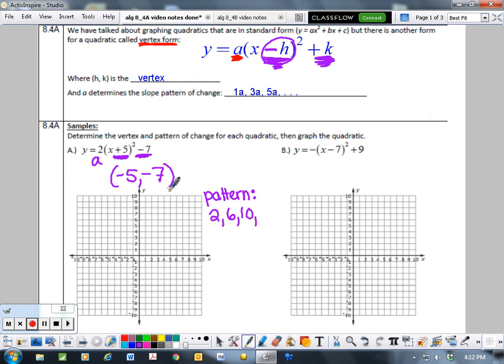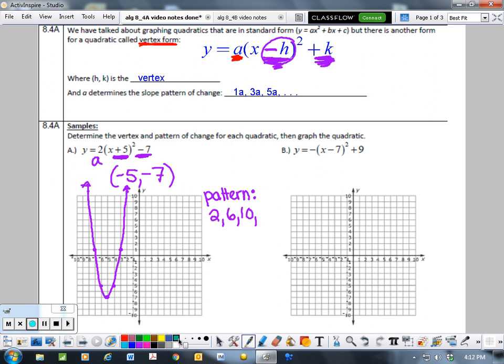So now all we have to do is graph that vertex that we got from our vertex form, which we love. So we go negative 5, negative 7. There's our vertex, and now we use our pattern: up 2 over 1, up 6 over 1, and then we would go up 10 over 1, but we kind of run out of room. But it gives us a good idea of what our graph looks like.